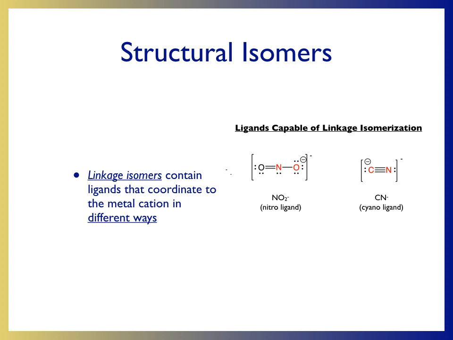The CN ligand that we saw on one of the previous slides is also an example of a ligand that can form linkage isomers. In the CN ligand, we can either bind with the carbon, which is the most common, or with the nitrogen. Remember that only one atom bonds at one time, not both.